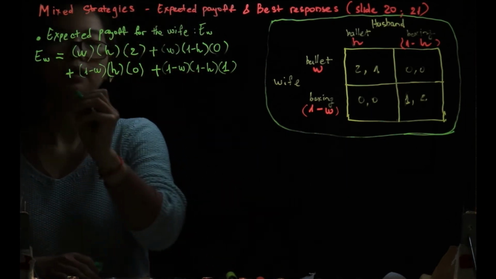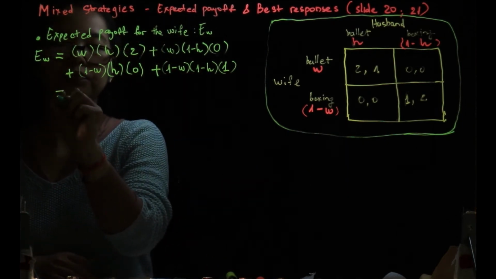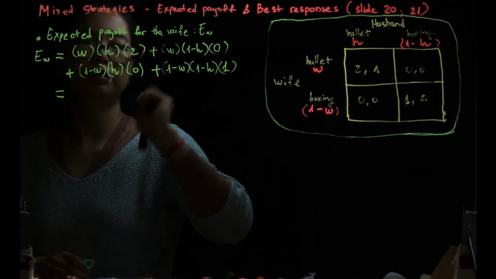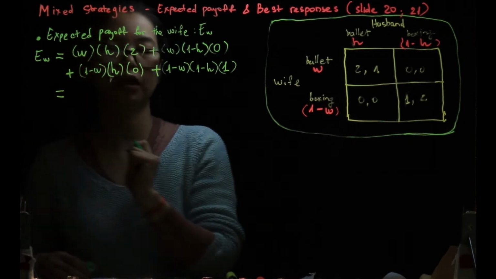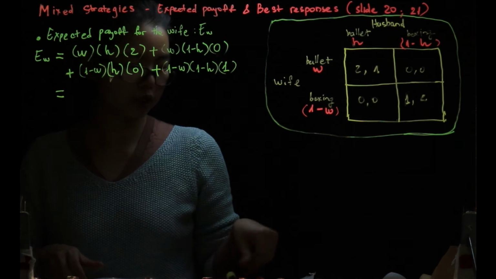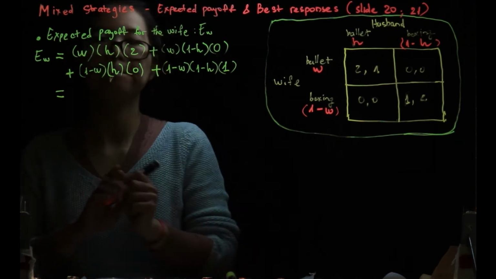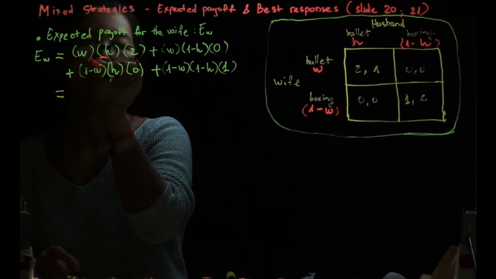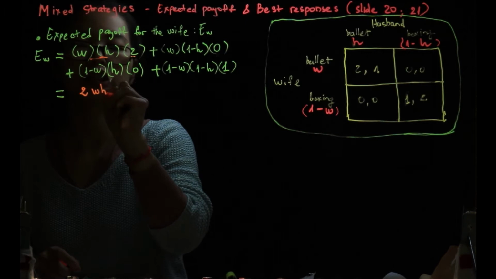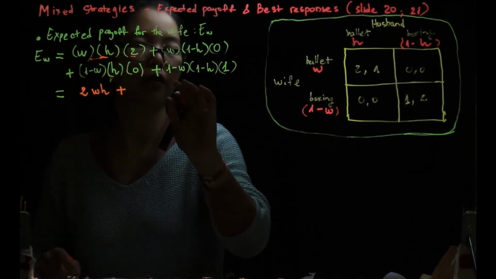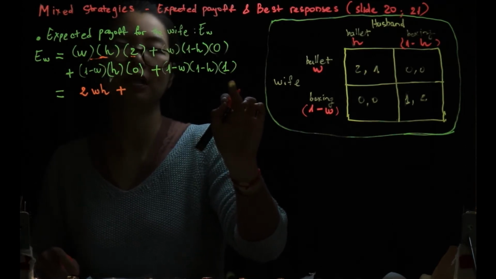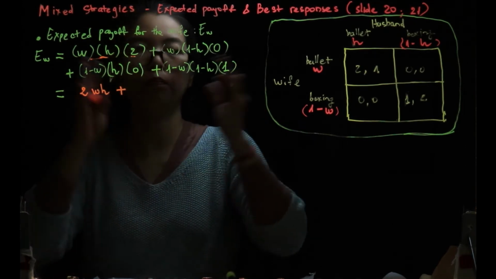Now, simplify things. You have two terms times 0 in between. That's good. We don't have to care about that because they are 0 anyway. So the first term over here will be 2WH, right? Plus, now this one times 1. Something times 1 is itself, so we can ignore it and open the bracket.